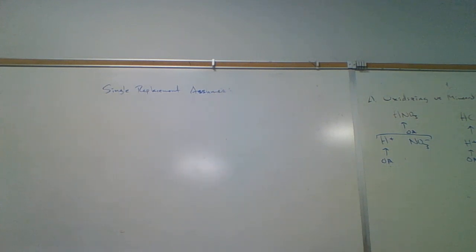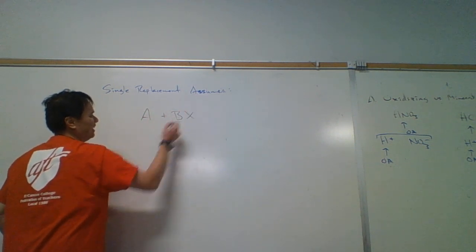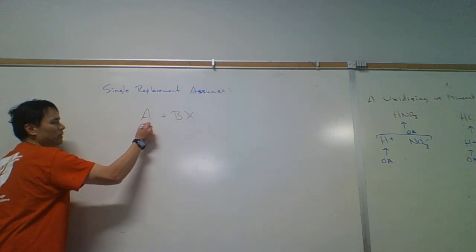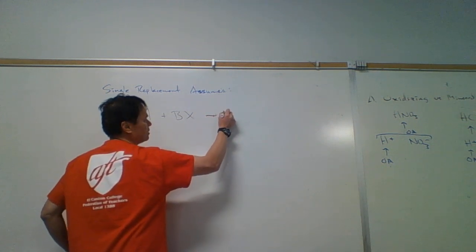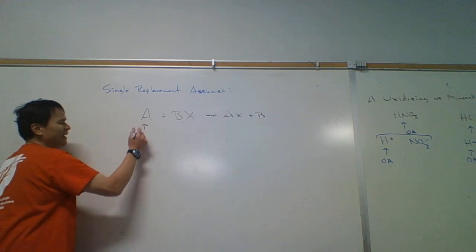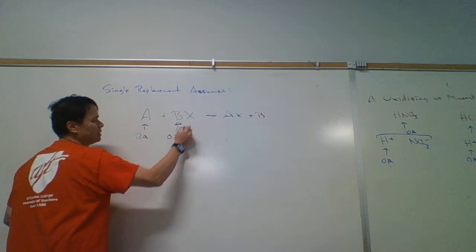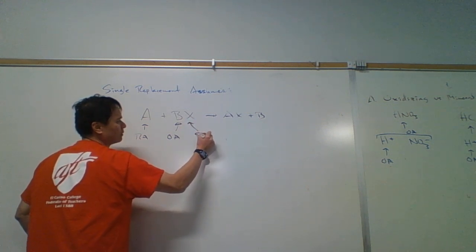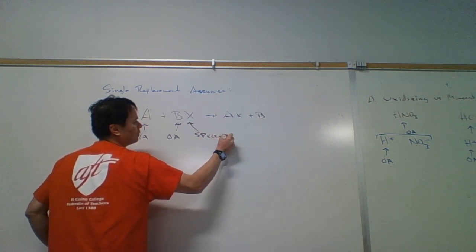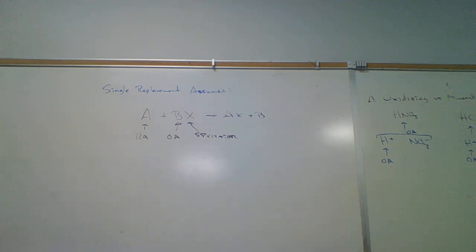Single replacement assumes that A plus BX yields AX plus B. A is the reducing agent, B is the oxidizing agent, X is a spectator. If this assumption is wrong, then single replacement will fail.